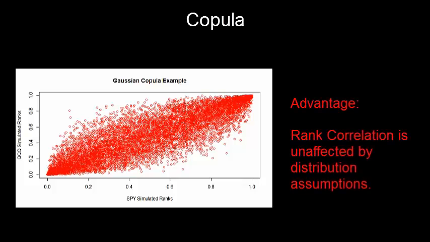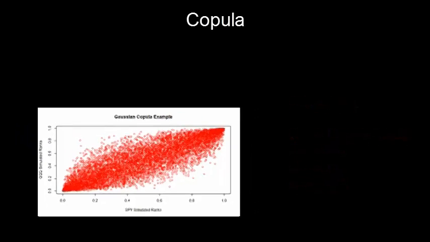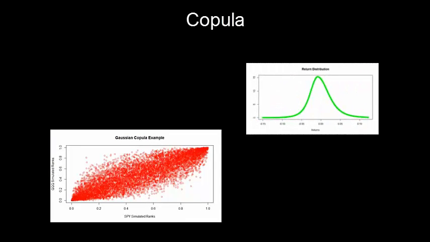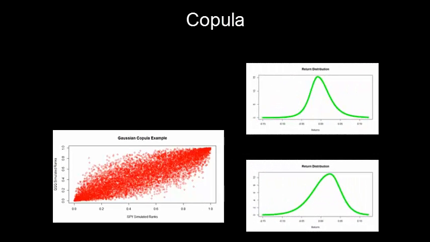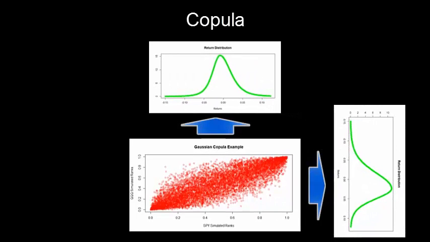The relationship between rankings is always the same, regardless of what distribution the financial returns take. Therefore, any distribution model can be applied to the financial returns. Combined with our simulated rankings from the Gaussian copula, we can simulate security returns that are related and still account for fat-tail distributions and skewness.